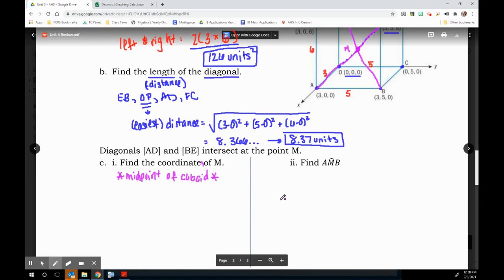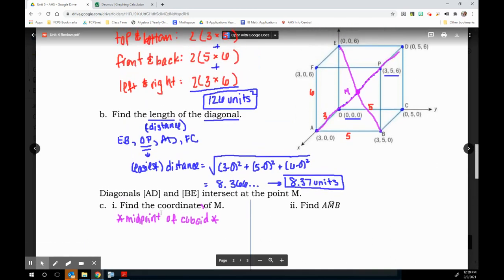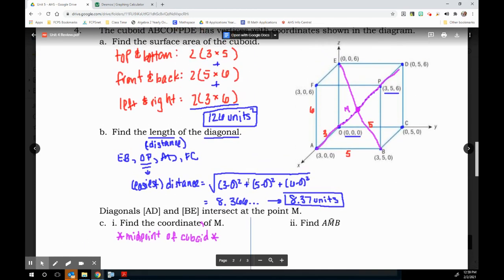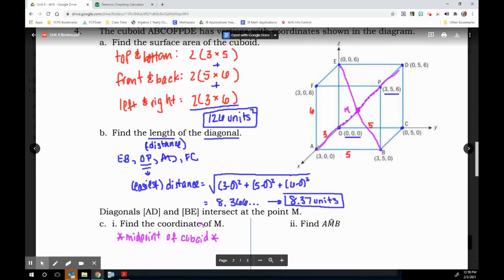Remember, midpoint is really just finding the average of points. You do not have to find the average of 3 different points here. You're looking at either the midpoint from A to D or from B to E. It's going to be the same point either way.